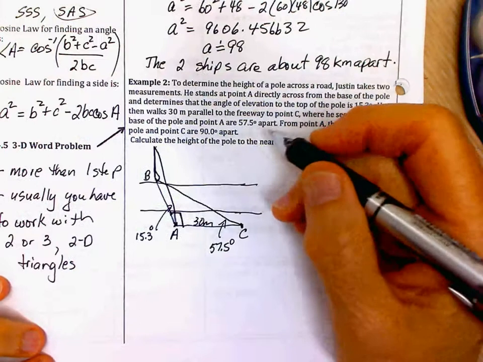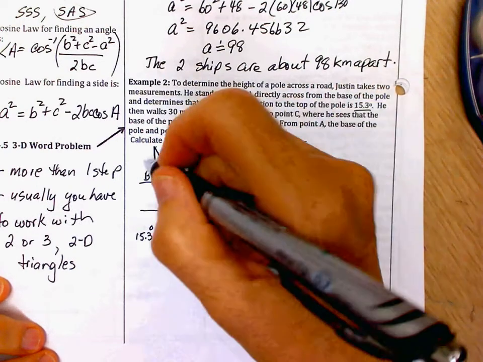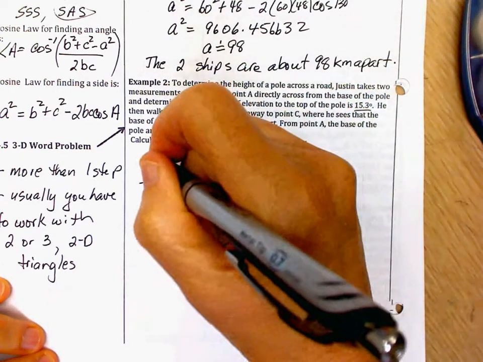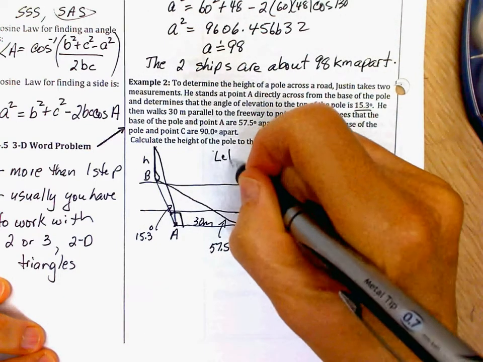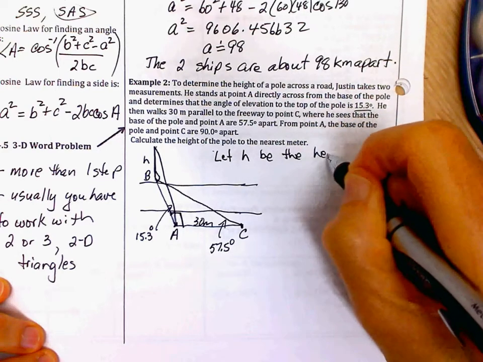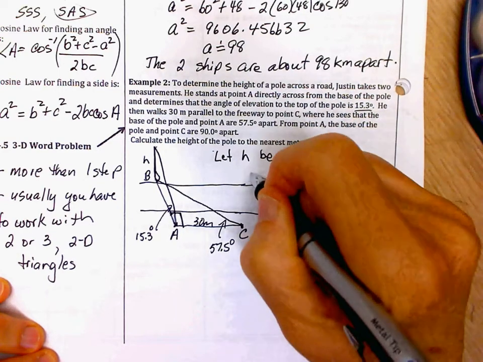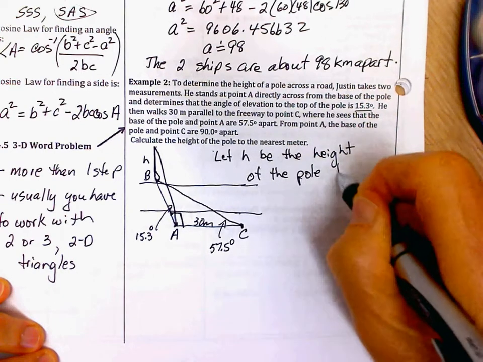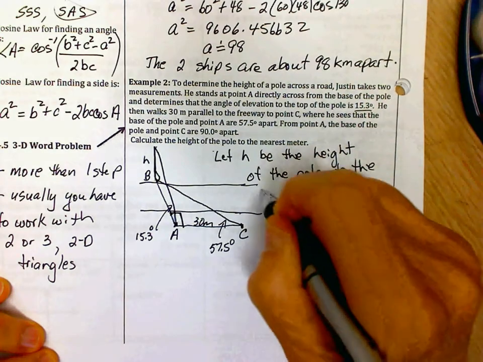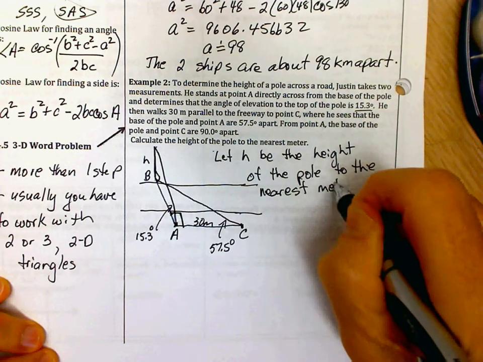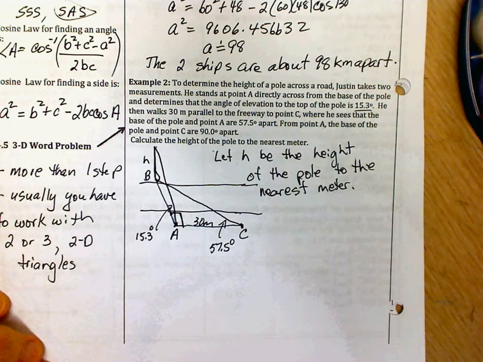We'll call this H. Calculate the height of the pole to the nearest meter. Let H be the height of the pole to the nearest meter. Okay, there we have it. Okay, I think we're ready to start.